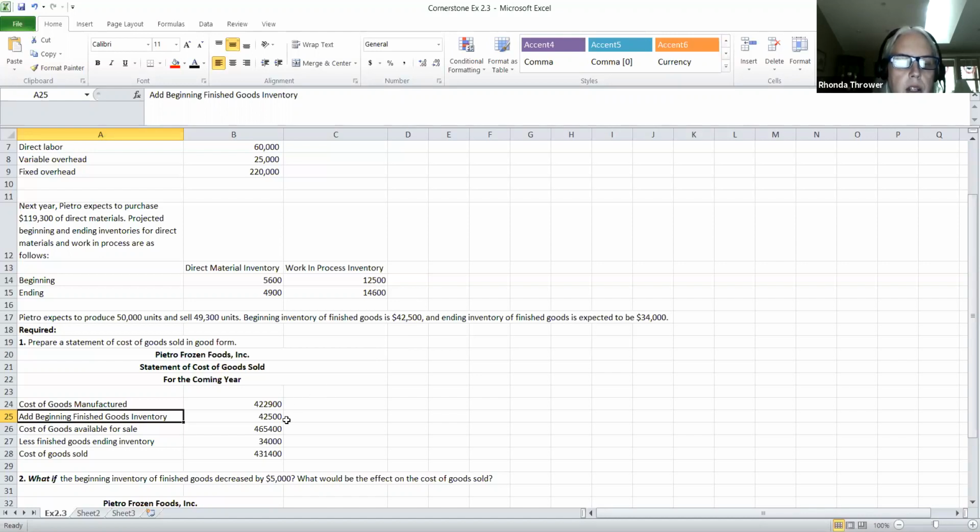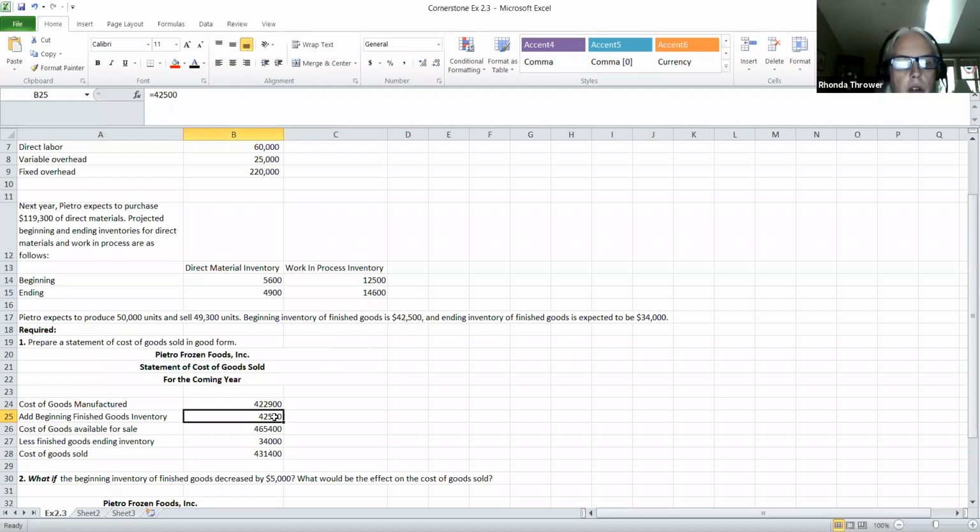It was a given amount. Your beginning finished goods inventory would actually come from last period's ending finished goods inventory that would be brought forward. They just gave you this amount so that you wouldn't have to go back and look at your records for this $42,500. But in the real world, you would.